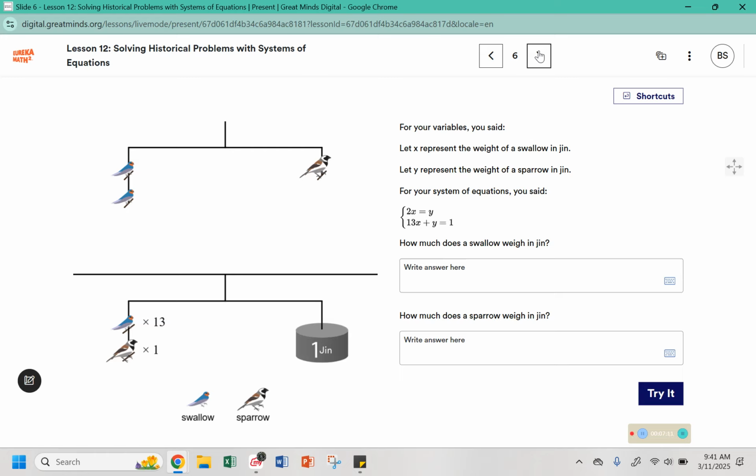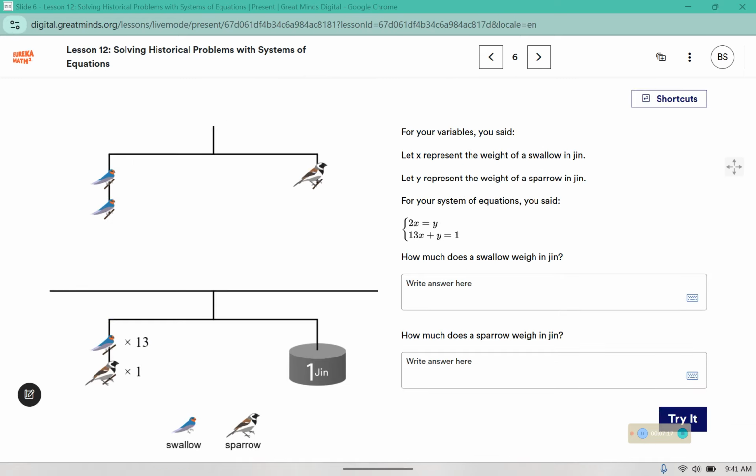All right, so now it says, how much does a swallow weigh in jin? How much does a sparrow weigh in jin? We can use substitution. Since this is y, we can replace 2x in the y position. So we'll have 13x plus 2x equals 1. 13 plus 2 is 15x.